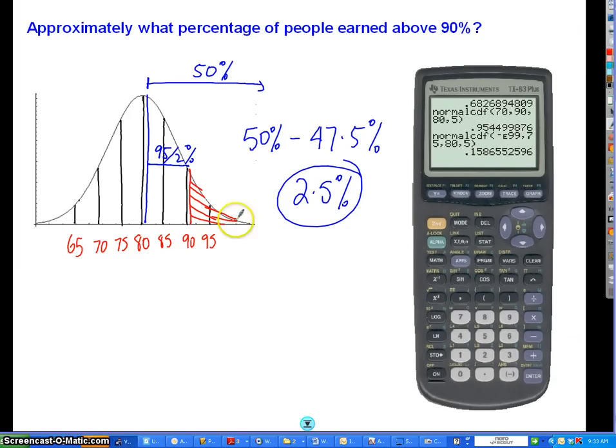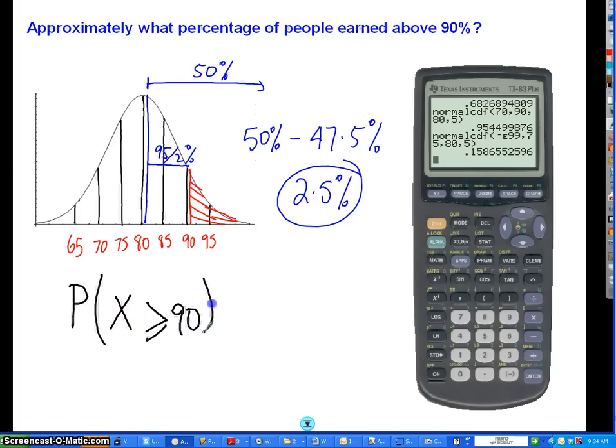Okay, and last one, let's set up our probability distribution here. What percentage of people earned above 90? So we want the probability of our distribution to be greater than or equal to 90. So this time, min 90, our max, using our e to the 99.